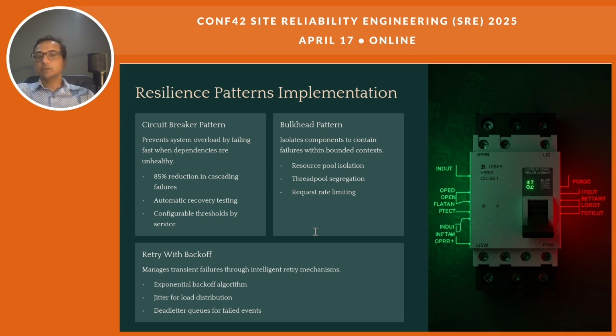Again, with the resilience patterns in place, the next critical step for ensuring system reliability is real-time monitoring. In event-driven architecture, real-time monitoring provides the visibility required to maintain operational excellence and proactively address issues before they impact the users.